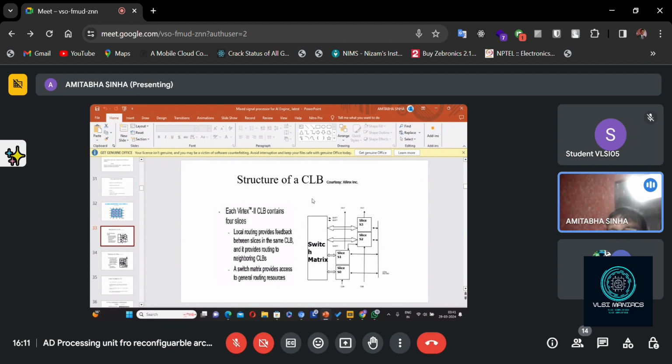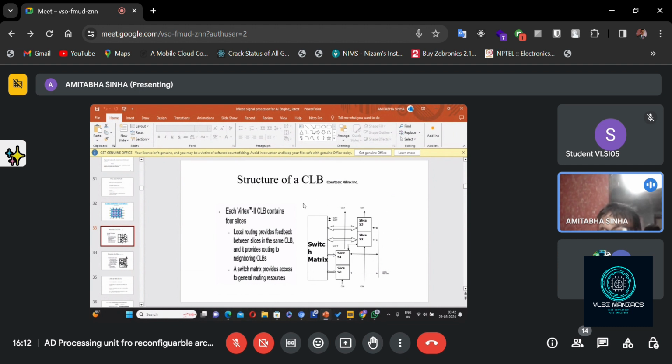The basic structure of the CLB consists of a number of slices. Now here, this architecture you don't have to mark, because now there are different types of architecture. The internal architecture of a particular FPGA is not that important unless you go for designing an FPGA, or you go for making a VLSI chip.